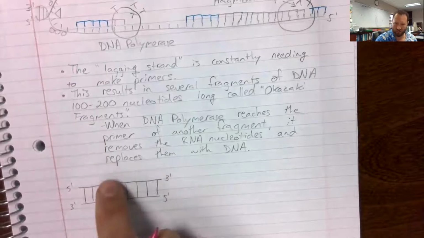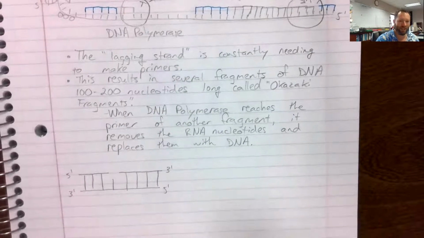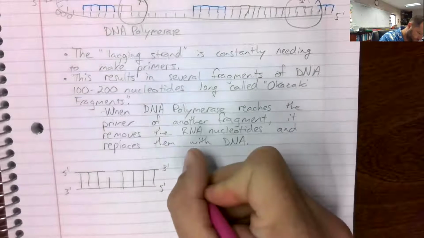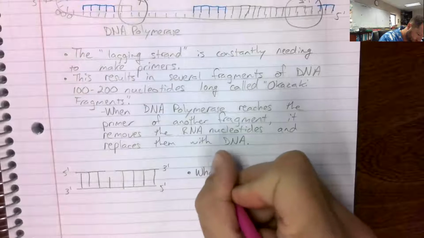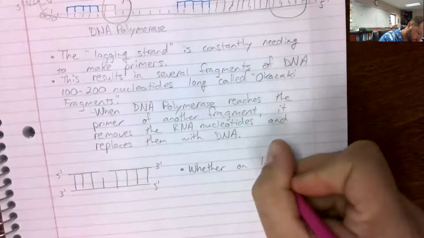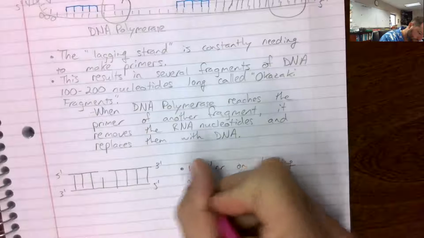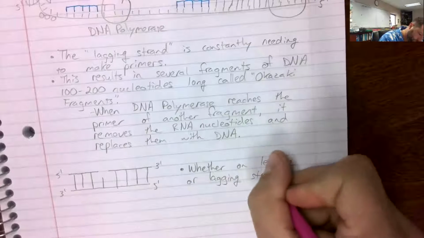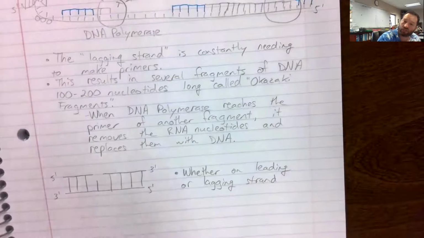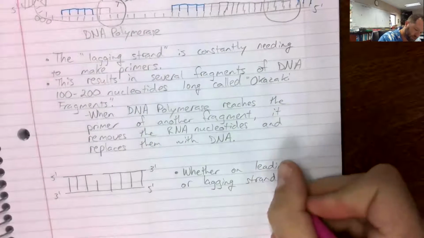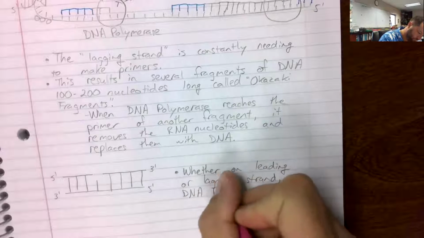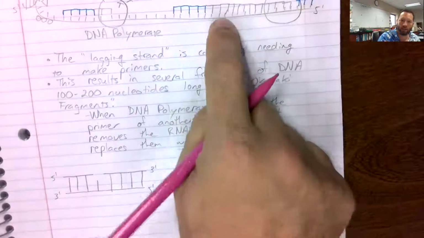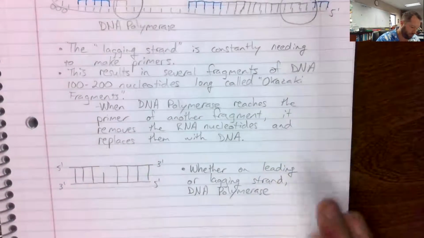So this becomes kind of an issue. This is where that other weakness comes into play. We can't connect this strand. Doesn't matter if it's the leading strand or the lagging strand, we run into this issue. Now it'll happen more often on the lagging strand, because it's constantly running into primers, but it does happen on the leading strand as well.